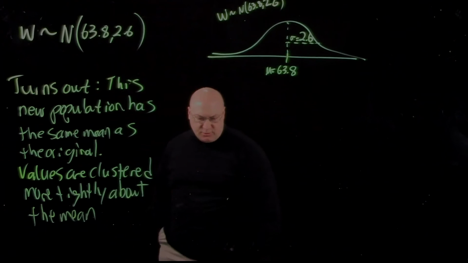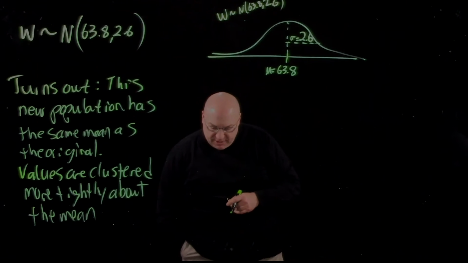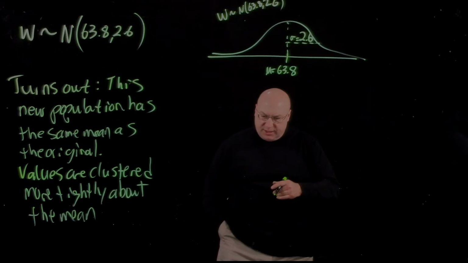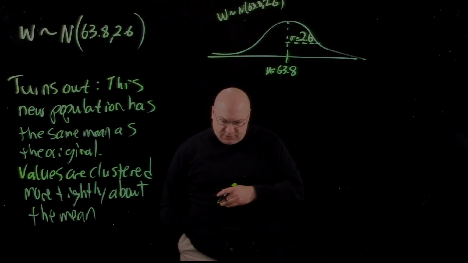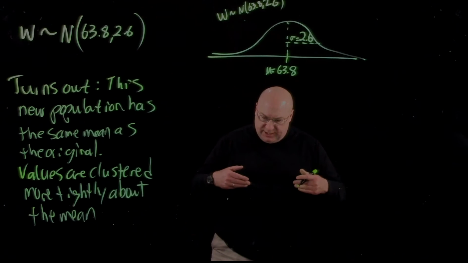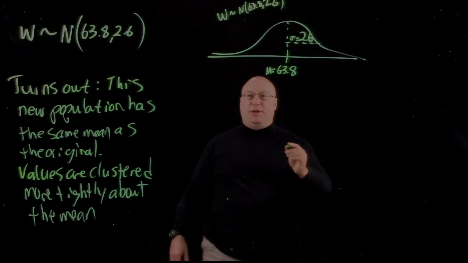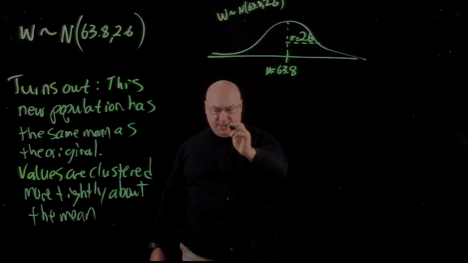Okay, so now let me come over here and draw that. The next page says, suppose we were to build a relative frequency histogram and put all the data points from our new population in, what would we end up building? Well, I'm putting this right below here.